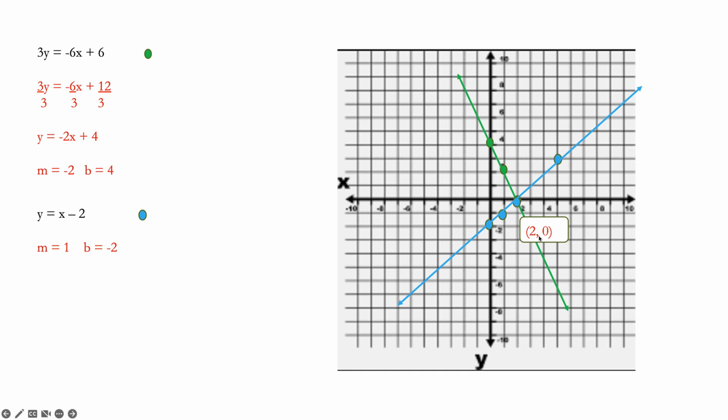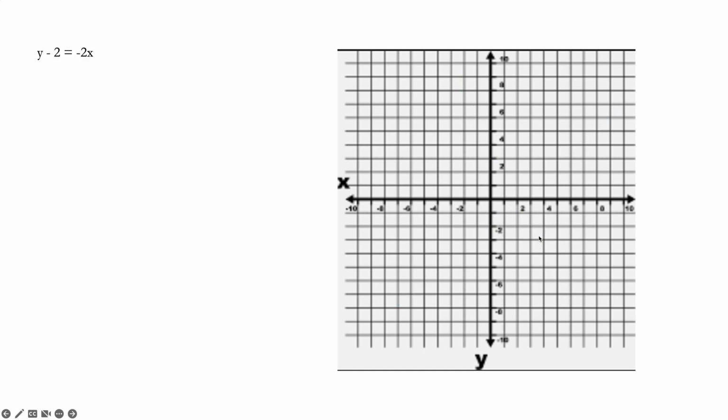Okay? All right, let's have you try another one here. A little less explanation by me. Just remember, get things in y equals mx plus b form if they are not there already. Go ahead. Okay, so to get this in y equals form, I add 2 to both sides. y equals -2x plus 2.